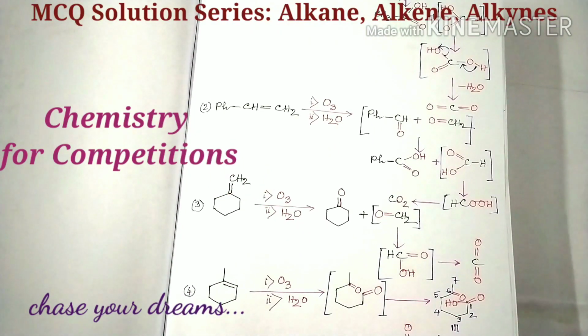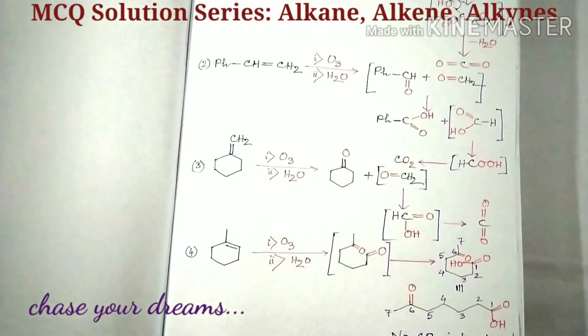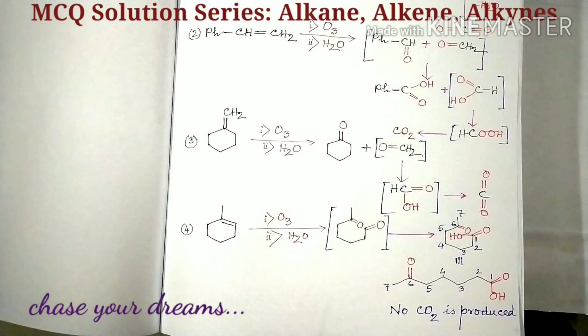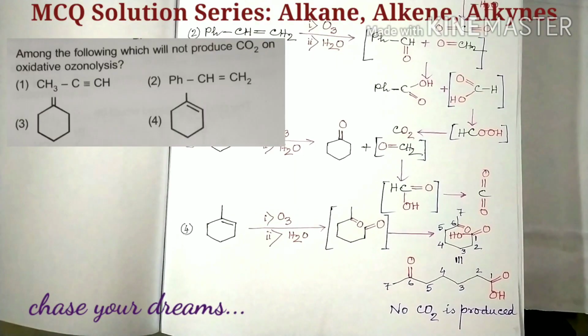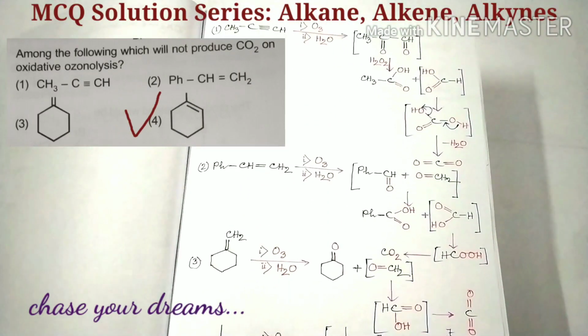So these produce carbon dioxide from the terminal by oxidizing the terminal carbon. But compound 4 is not a terminal alkene, so it will not produce carbon dioxide. So the carbon dioxide is not produced from compound 4. So 4 is our right answer, right?